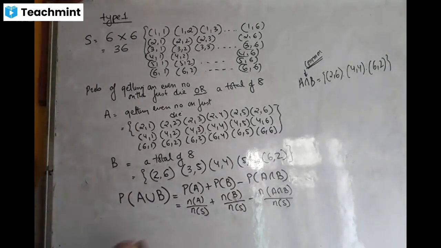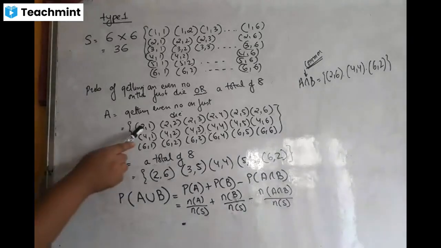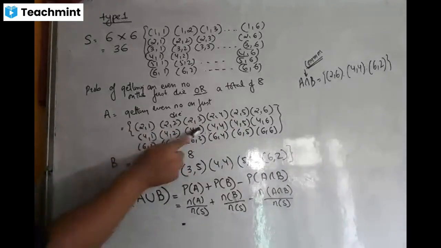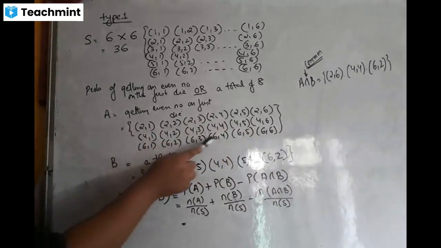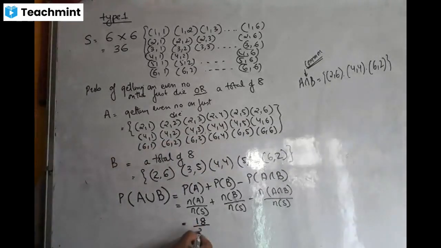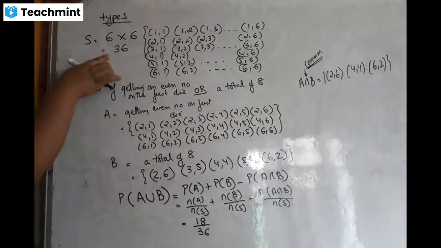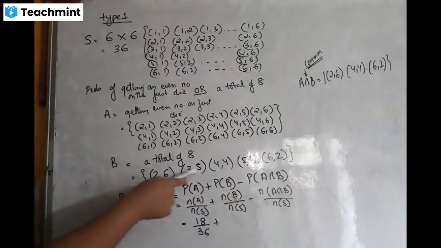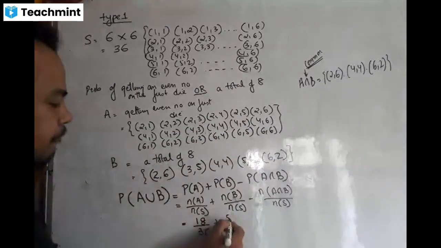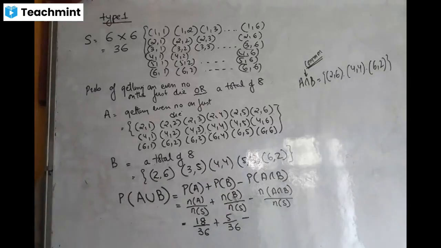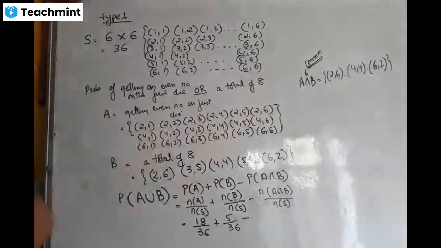Now you simply put the values. What is N of A? N of A means the number of elements in the set A: 1, 2, 3, 4, 5, 6, 7, 8, 9, 10, 11, 12, 13, 14, 15, 16, 17, 18. So you got 18 divided by N of S, the number of total outcomes, 36, plus N of B, which is 5, so 5 by 36, minus N of A intersection B, the number of elements in A intersection B, which is 3.